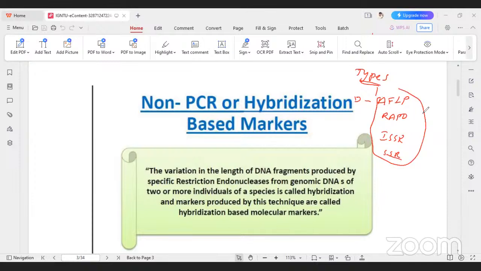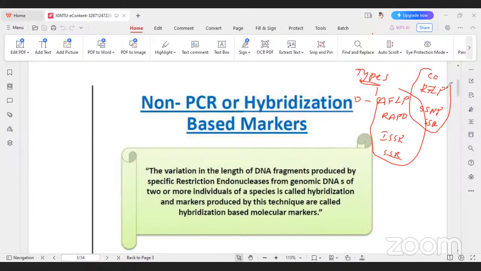Codominant types are RFLP, SNP, and SSR. These are the codominant types of molecular markers.